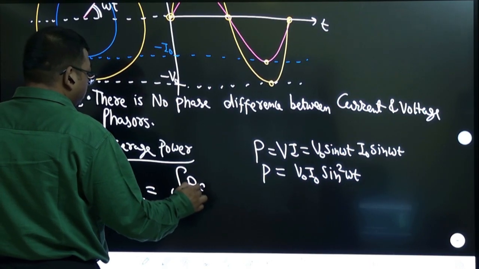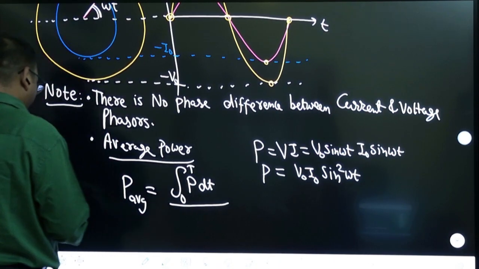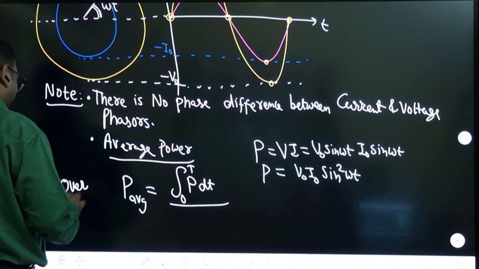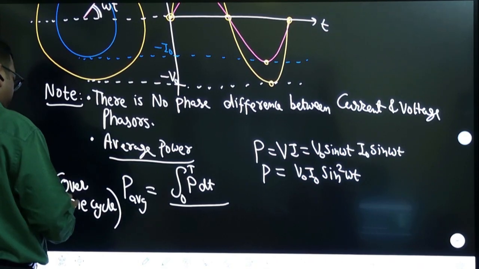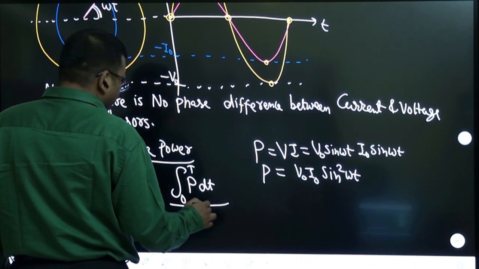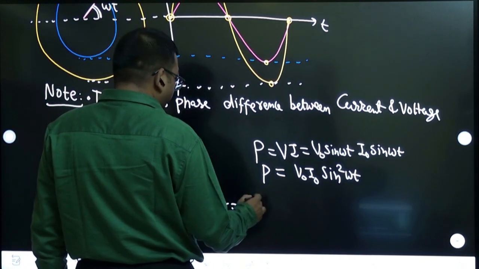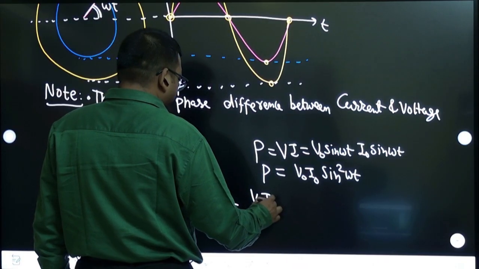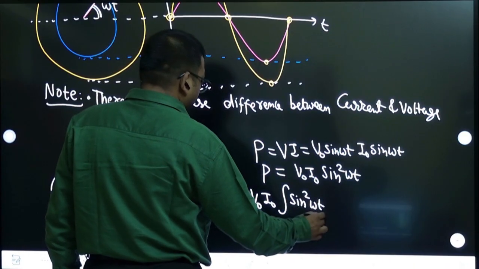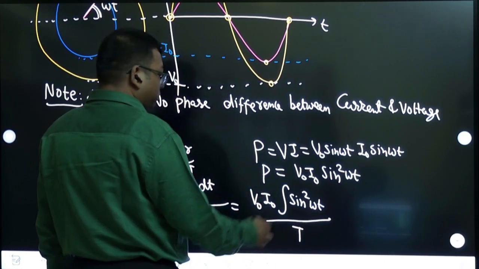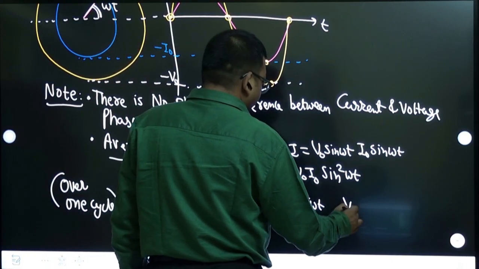The average power is the integration of P dt from 0 to T over one cycle. Note that we always calculate over one cycle. One cycle time is T. So let us calculate this. V naught and I naught are constants, so take them out, and integrate sine square omega t over one cycle, 0 to T. We know the integration, right?